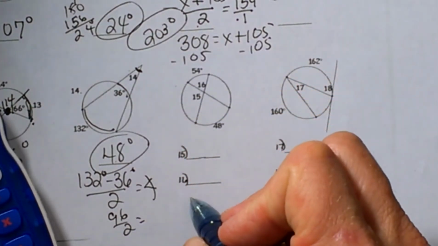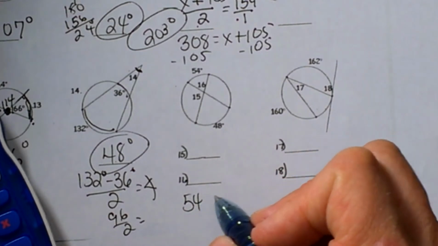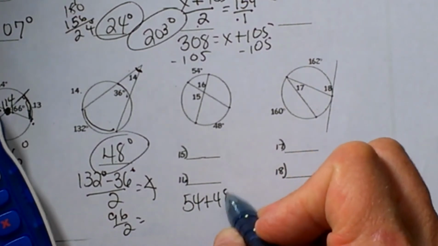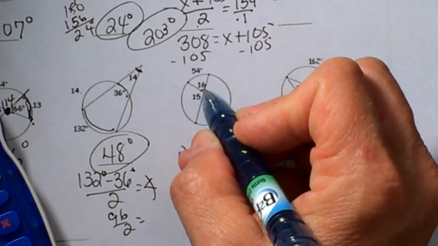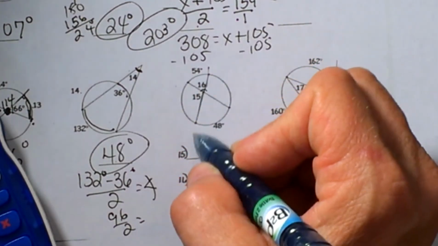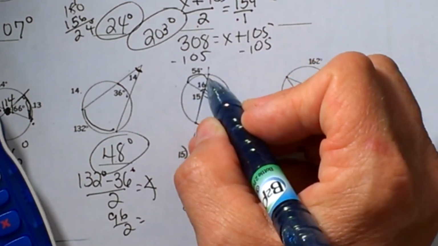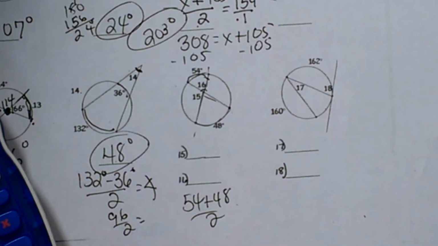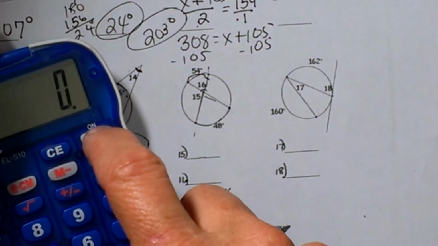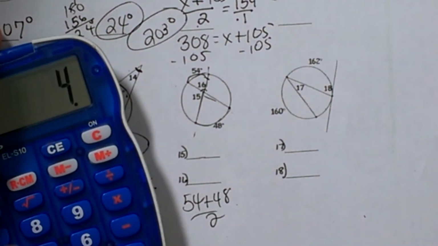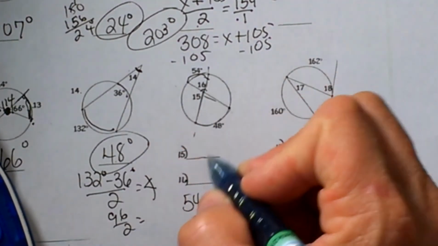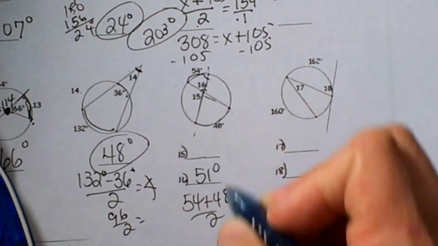We're going to add 54 plus 48 and divide by 2. And that's going to give us angle 16 because those are the two inscribed angles or arcs there. So 54 plus 48 divided by 2 is 51. So number 16 is 51 degrees.